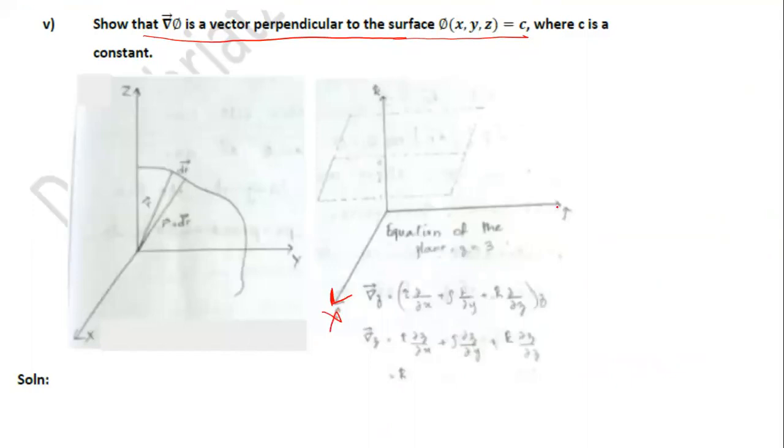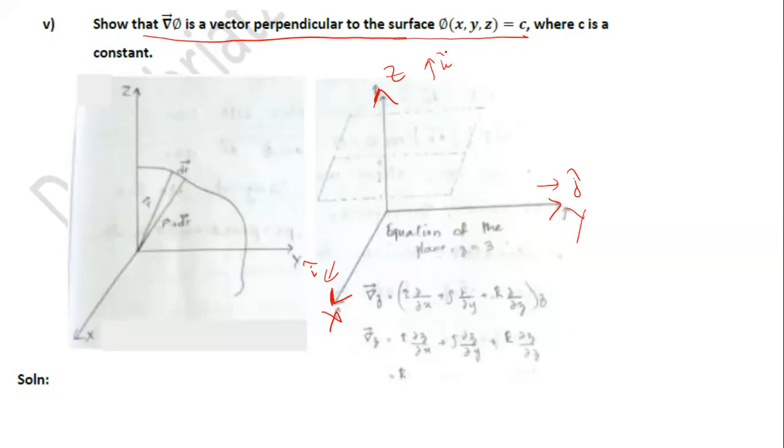So this is the x-axis. Let's say this is the y-axis. Let's say this is the z-axis. Unit vector along this axis is i cap. Unit vector along this axis is j cap. Unit vector along this axis is k cap.